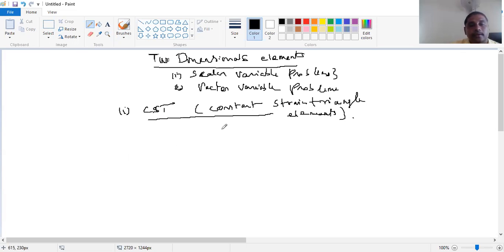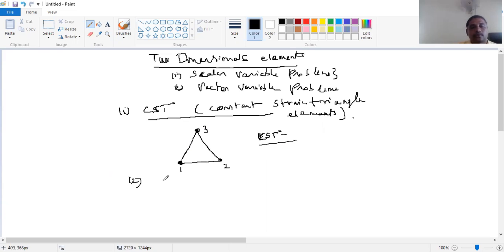That is its meaning. It will be a triangle in nature. If you consider the linear triangle, it will have only the corner nodes, three different corner nodes. Otherwise, we have the LST, linear strain triangle. Constant strain triangle elements, CST.